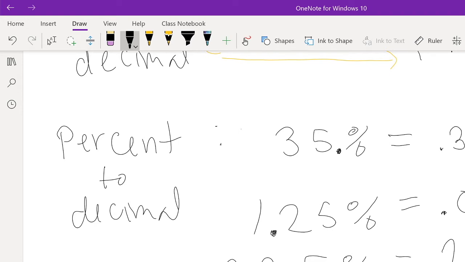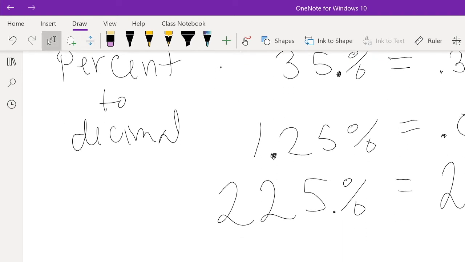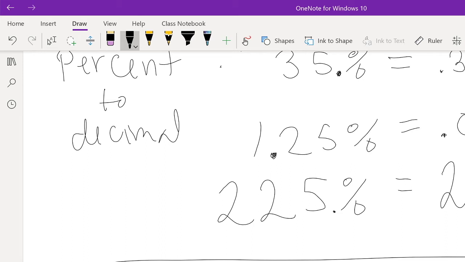Now let's say we wanted to go in the other direction. Say I wanted to go from decimal to percent.